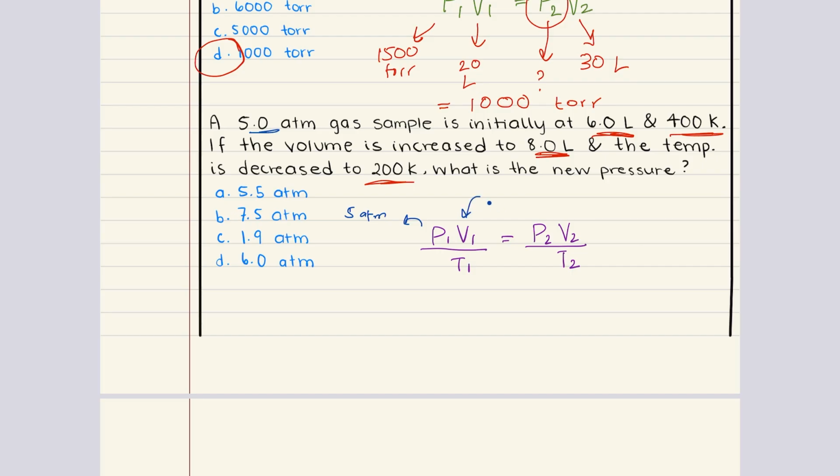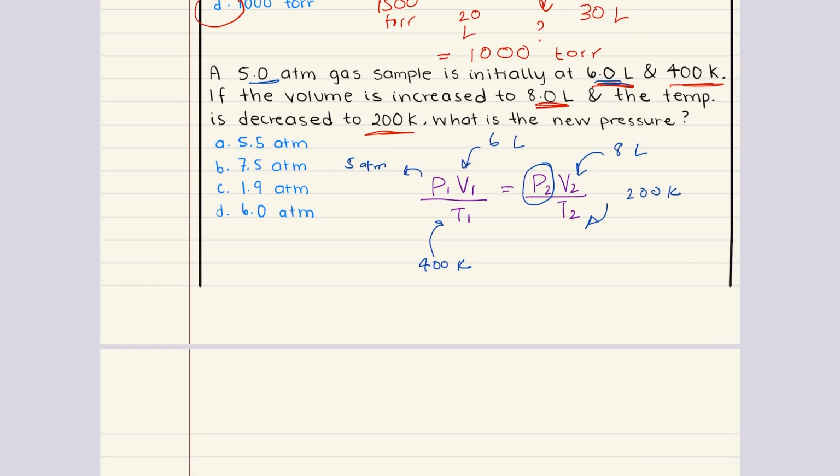We're given the initial volume, that's equal to 6 liters. And we're given the initial temperature, 400 Kelvin. In addition, we're given the final volume, 8 liters, and the final temperature, 200 Kelvin. What we're trying to solve for is P2.